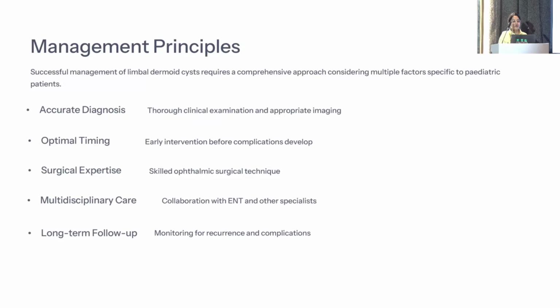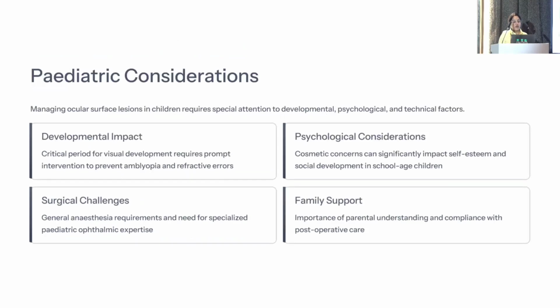Management principles: we should do thorough clinical assessment and early intervention and collaborate with other specialties to rule out the syndromes. In pediatric cases, we should give special attention to developmental impact, like preventing amblyopia and refractive errors.